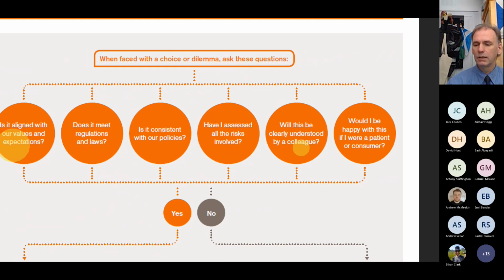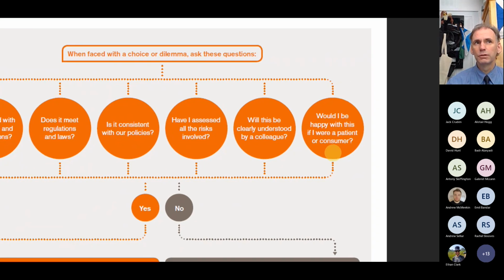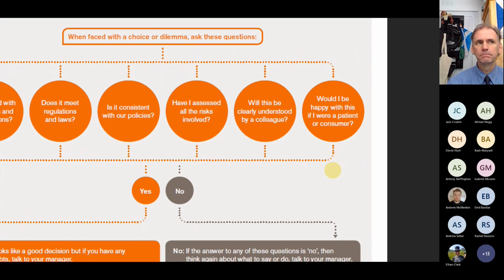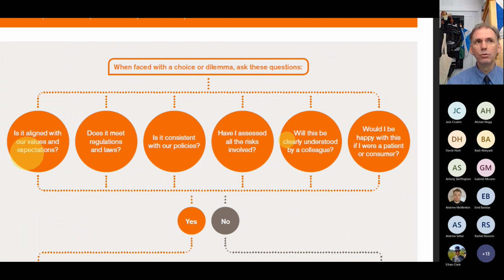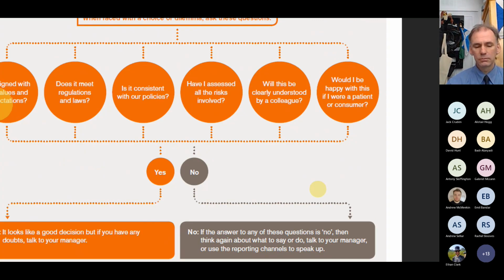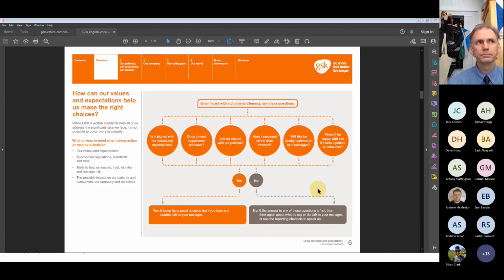So have we, or can we, clearly express that? And importantly, if you're at the end of this process, would you be happy? And if the answer to any of those is no, then you might not want to do it.